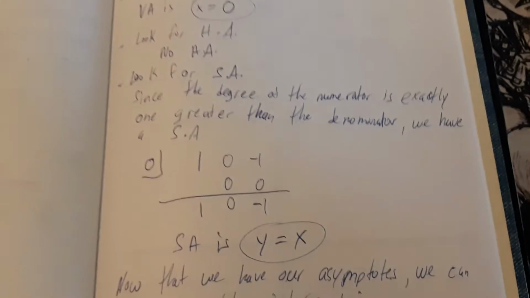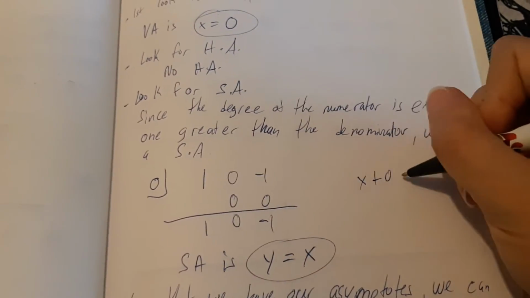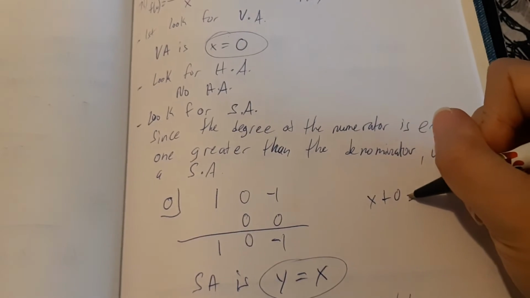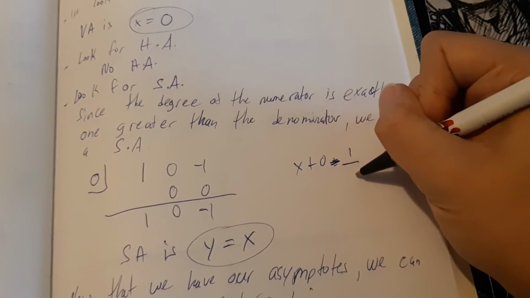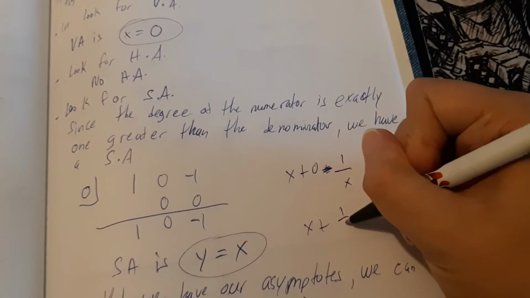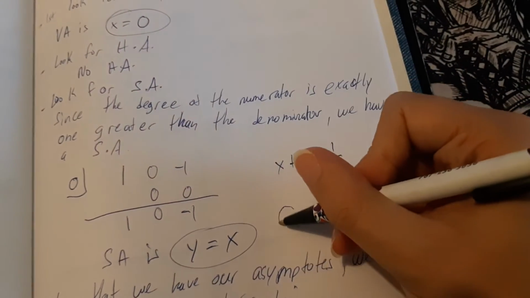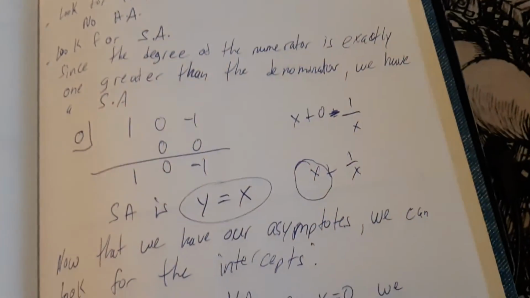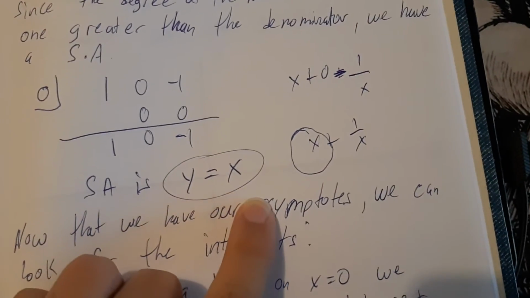We would have x plus 0 equal to minus 1 divided by x. So this will be our equation, and from here we take the asymptote from this point. That is why y is equal to x.